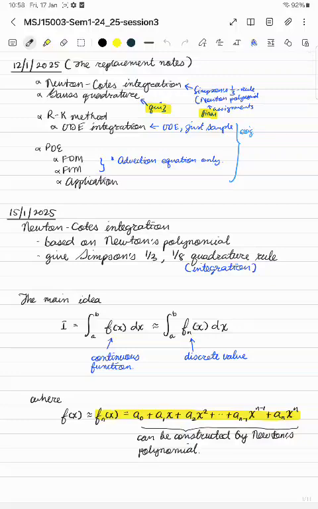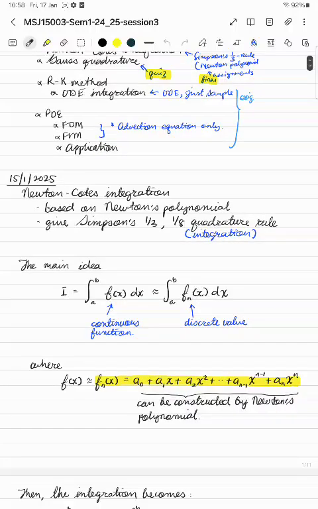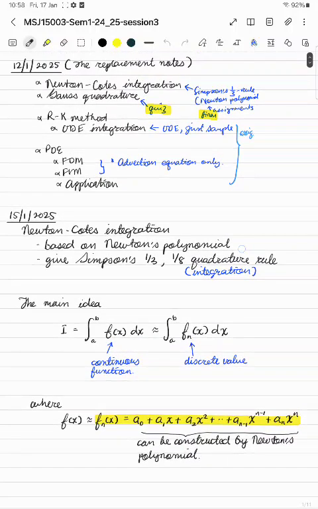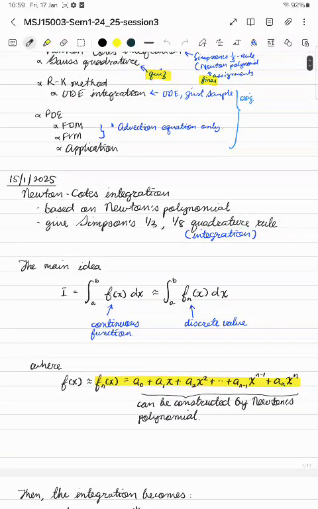So the introduction to the Newton-Cotes integration would not be as difficult as you would have imagined. So let's have a look at the Newton-Cotes integration. This is a numerical integration based on Newton's polynomial, and the generalized formulation gives you Simpson's 1/3 and 1/8 quadrature rule.